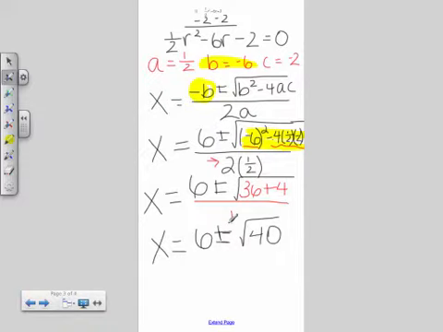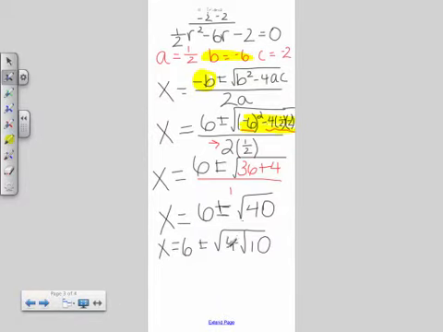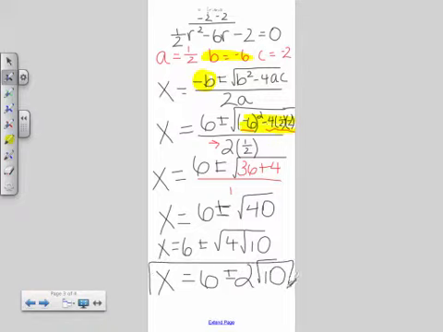So 40 is divisible by 4, so this will turn into radical 4 multiplied by radical 10. I'm going to copy everything else down. So x equals 6 plus or minus radical 4 times radical 10. The square root of 4 is 2, so I end up getting x equals 6 plus or minus 2 radical 10, and that is my answer.